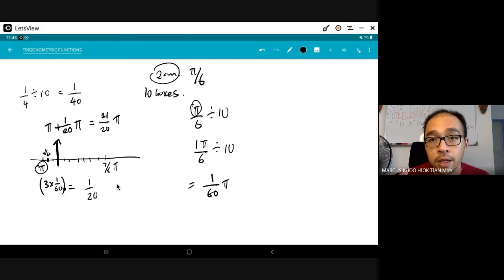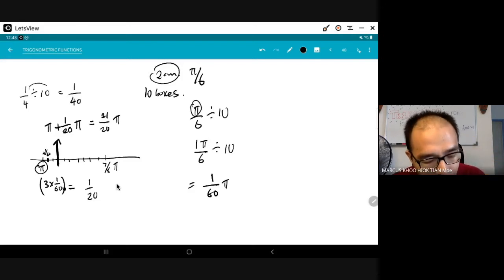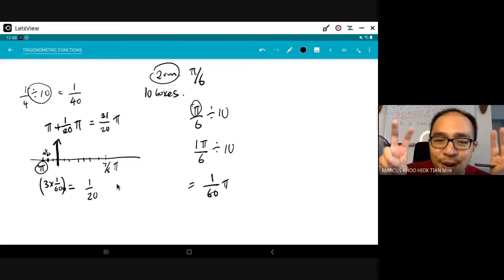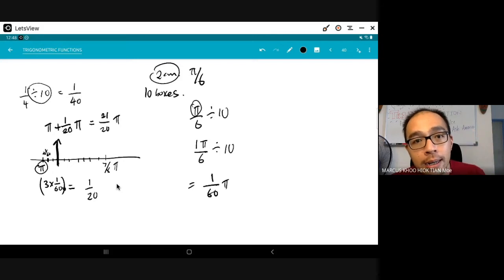So I hope that Liu and Fadila's explanation was clear enough. The key to this is to divide the number of mini boxes, so that you know how to find out this one.